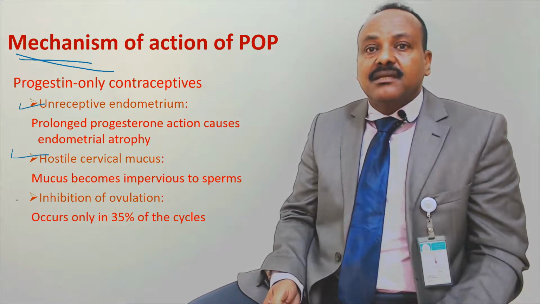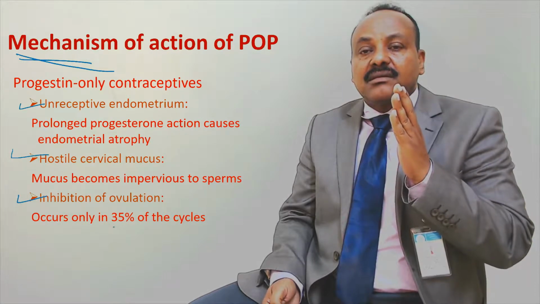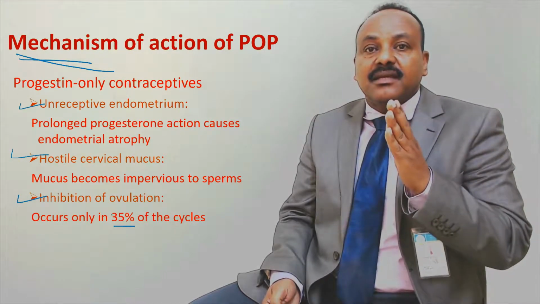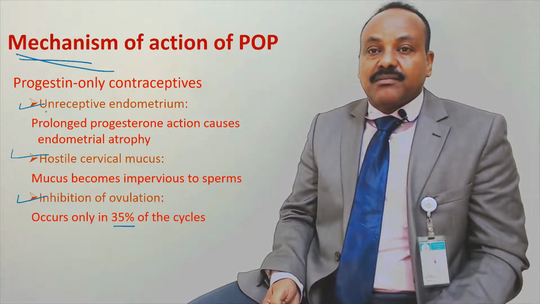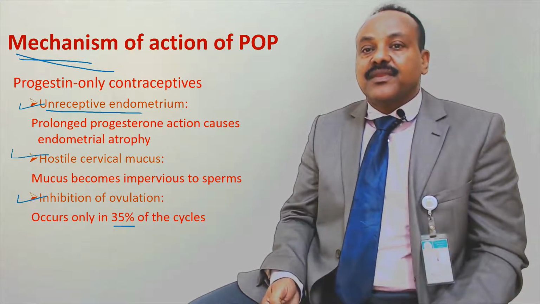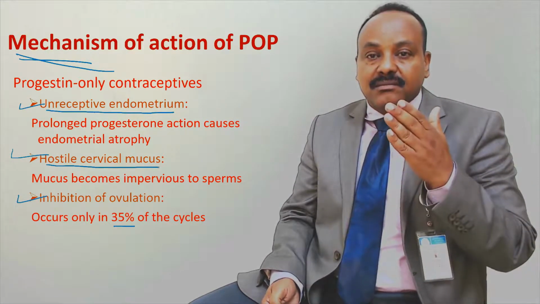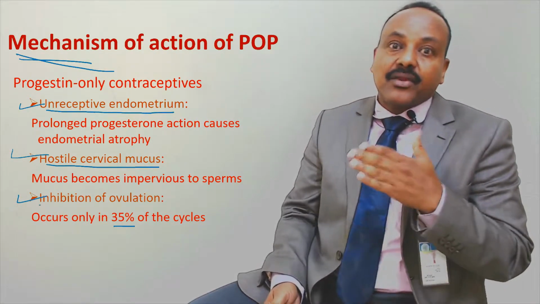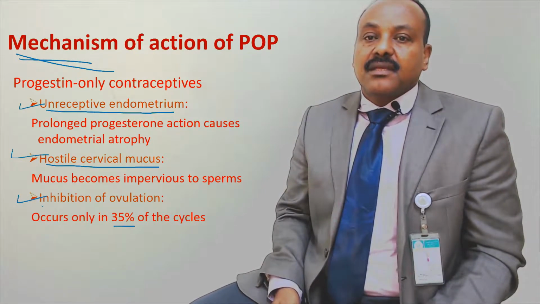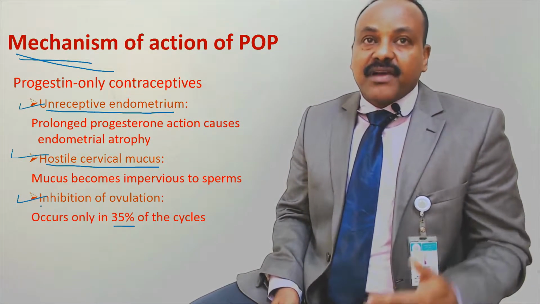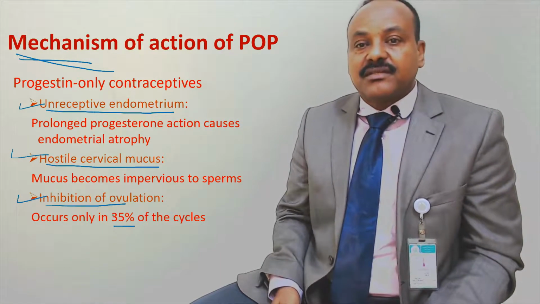Here, the progesterone-only pill acts by making the endometrium unreceptive, changing the endometrium and preventing implantation. It also makes the cervical mucus hostile so the sperm cannot penetrate the cervix. Also, they found that it has some effect of preventing ovulation.